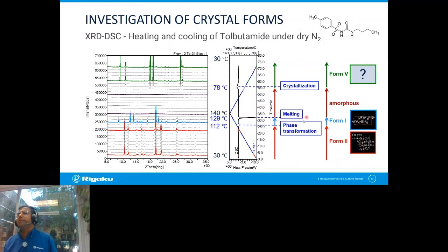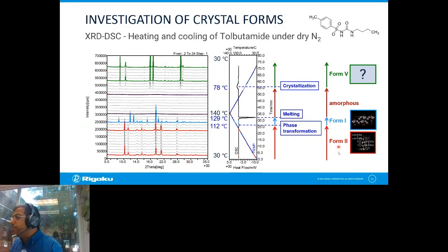So let's see an example of a combined XRD-DSC in the case of tolbutamide under dry nitrogen. On the left is the ab initio evolution of the XRD pattern, and on the right is the DSC. So there is a phase transformation process. For example, this is the time scale, this is the temperature scale, the blue lines, and we are seeing a different evolution.